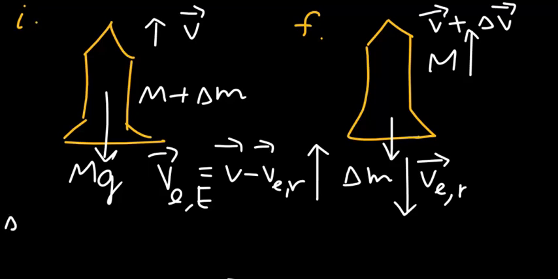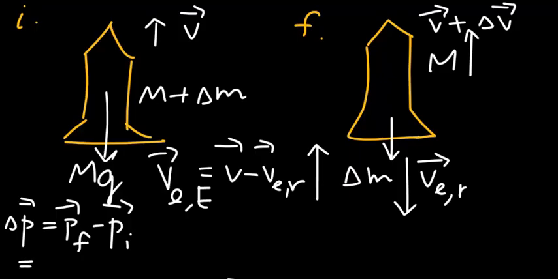Let's calculate the change in linear momentum of the system. It is the final linear momentum minus the initial linear momentum. Now what is the final linear momentum of the system? Let's look at this diagram. We have the mass of the rocket being M, and the velocity is v plus delta v.